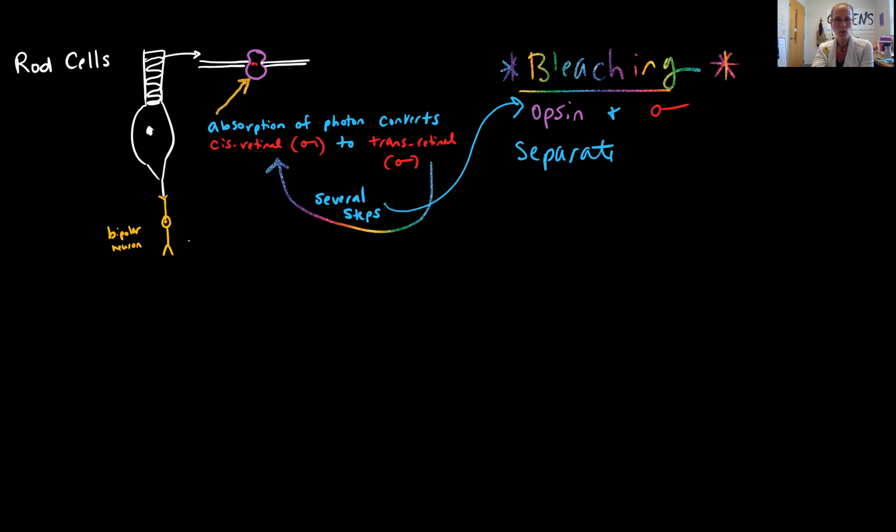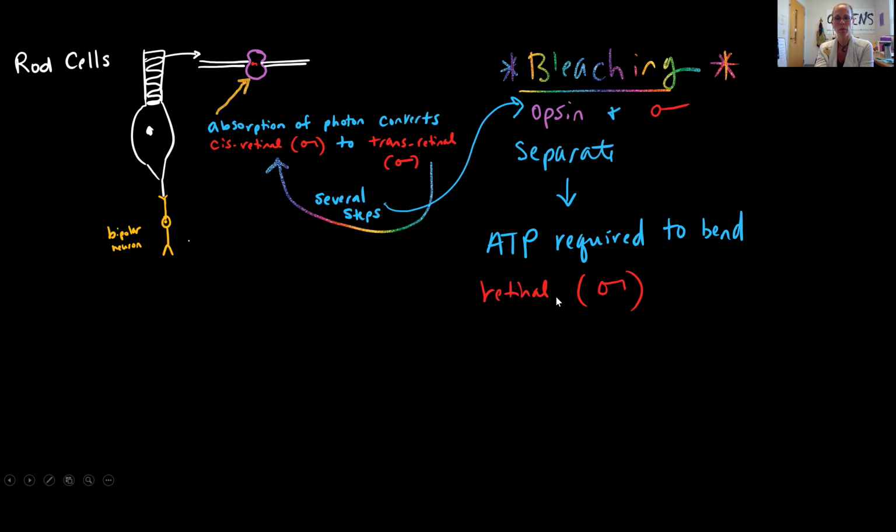So in order to convert your trans-retinal back to cis-retinal, you have to actually separate the opsin and the straight retinal. So here's my little quick abbreviation for my trans-retinal. And then you're going to see ATP and enzymes are required to bend that retinal back to its cis shape.